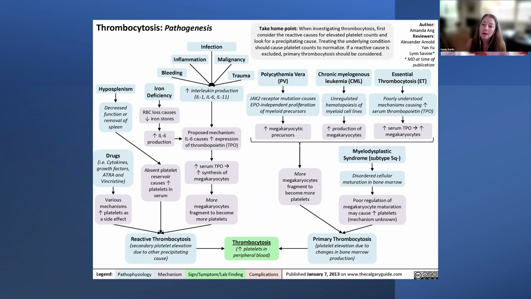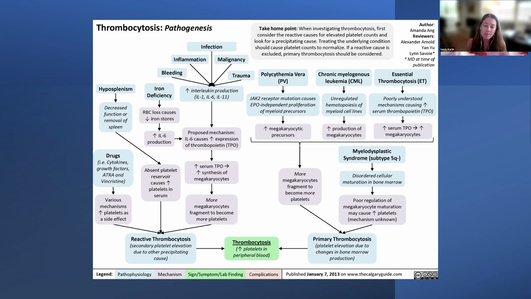One of the most common underlying causes here is iron deficiency, where you get a reactive thrombocytosis. So in a patient with microcytic anemia, where you suspect iron deficiency, it may very well be that that's the cause of the thrombocytosis. Correcting that iron should correct that. And if it doesn't, then we're going to go down that path of further analysis.